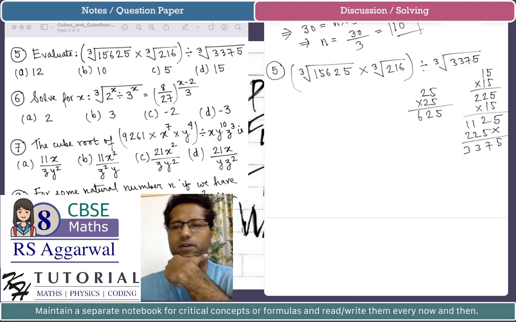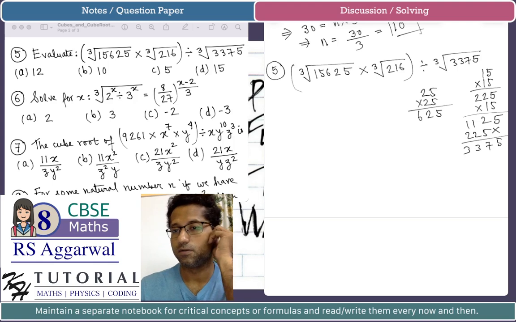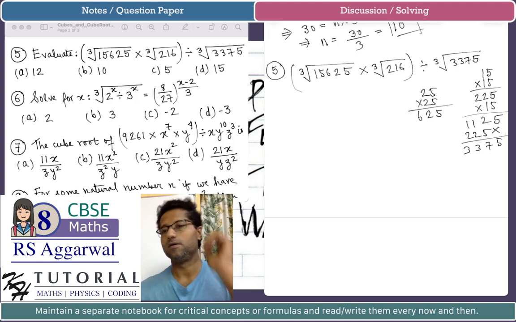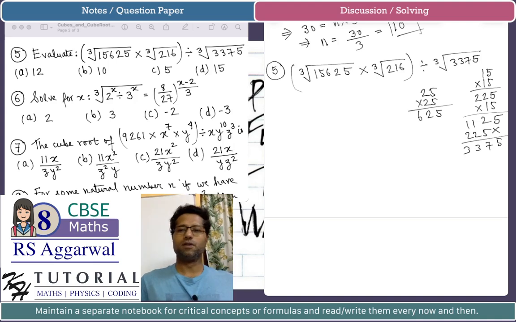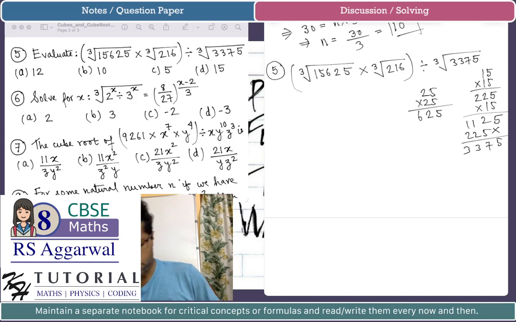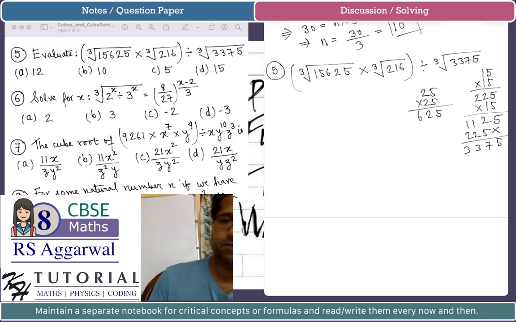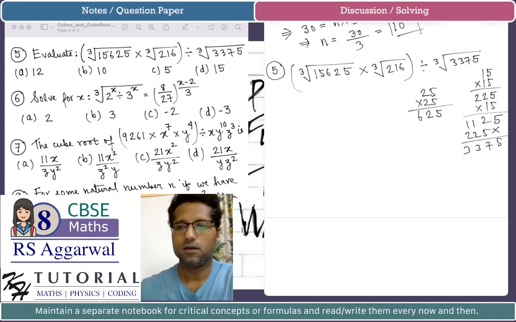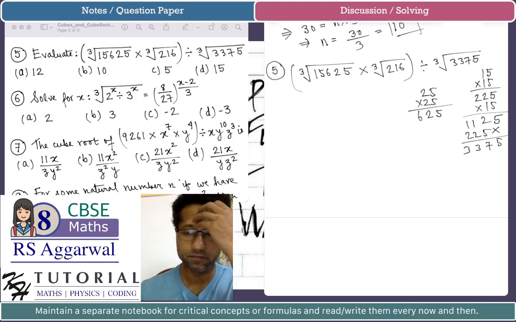Now you must be wondering why I'm not straight away doing the prime factorization method, because for some big numbers prime factorization might take some time, and alternatively, if you do a little bit of guesswork like the way I'm doing, you may also figure out what the cube root will be. So 25 into 25 is 625.